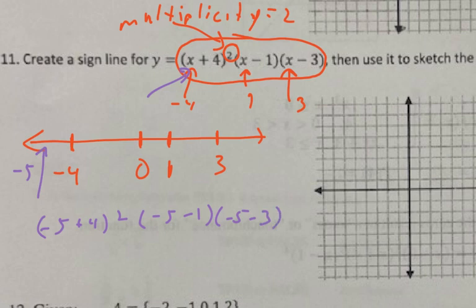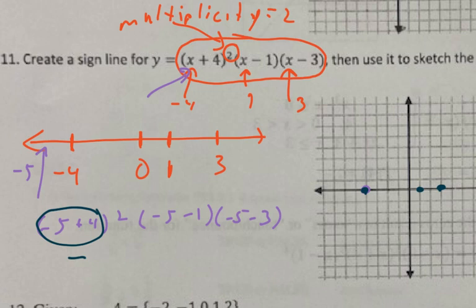And all we really need is the sign so we know what it's doing. We already know we have a 0 at -4, a 0 at 1, and a 0 at 3. We just need to know, is it up here or down here?